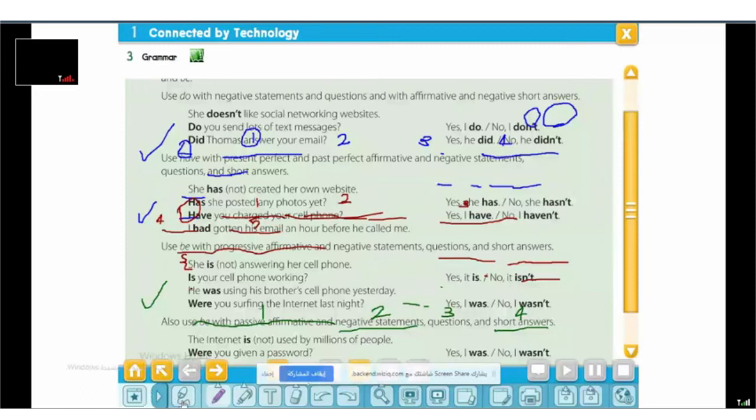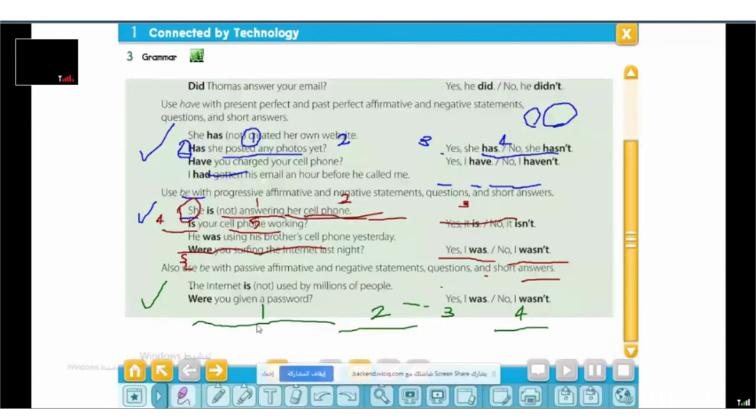Now let's take examples. The internet is not used by millions of people.